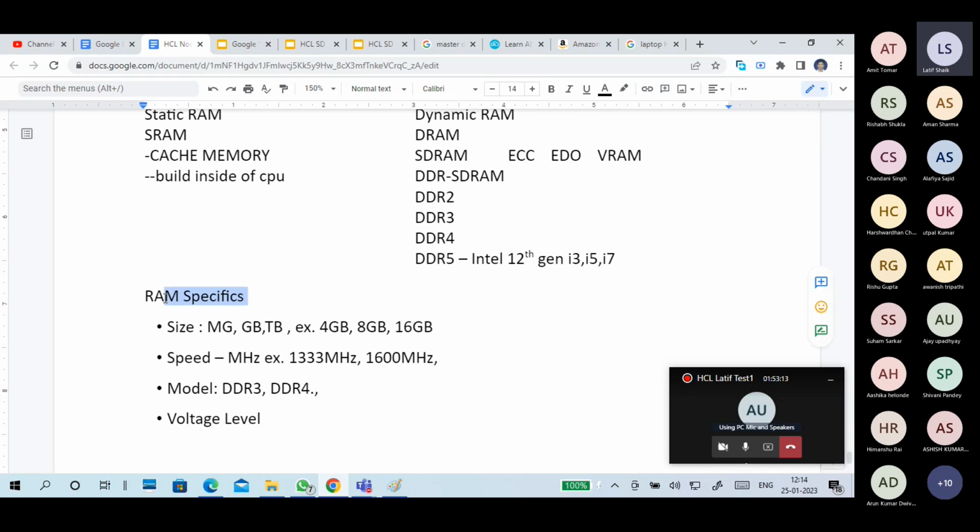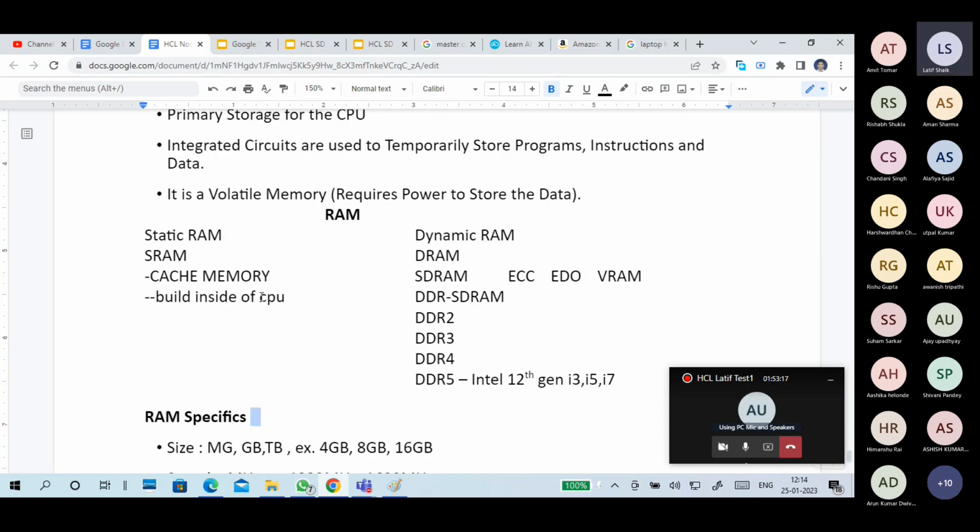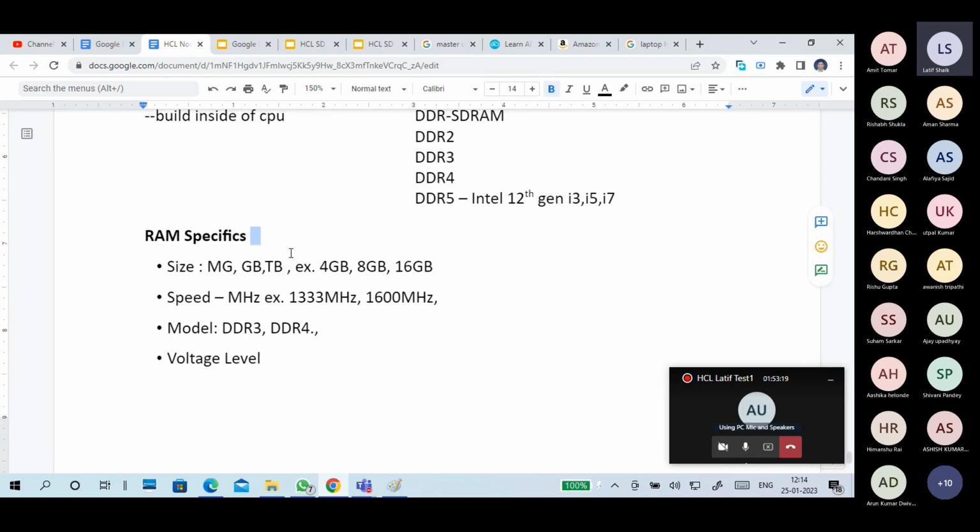What are the things you must check when taking a RAM? That is the size. How much RAM size? 4 GB, 8 GB, 12 GB, 16 GB. In the olden days we had MBs. Now we have GBs for the general public, not even just organizations.